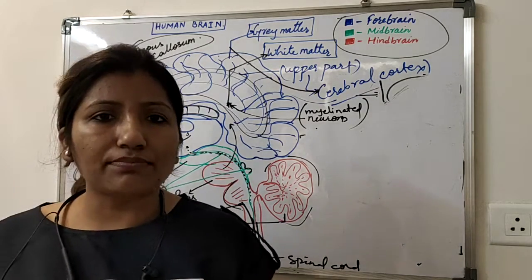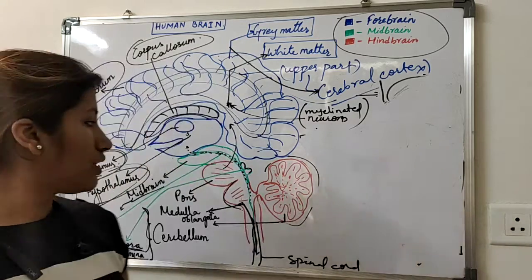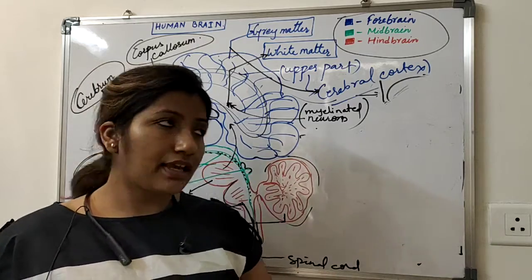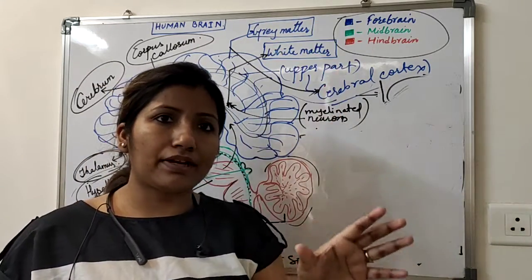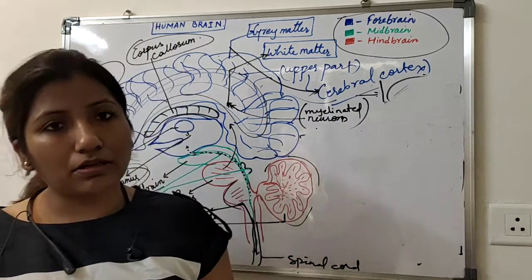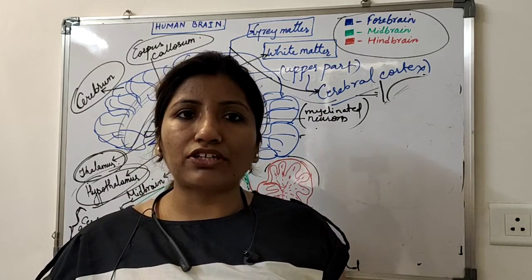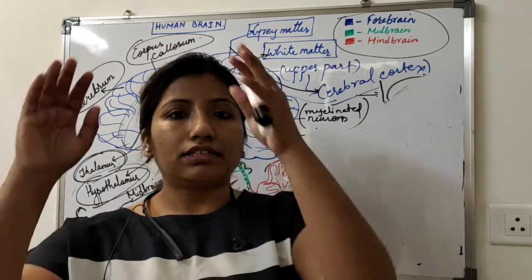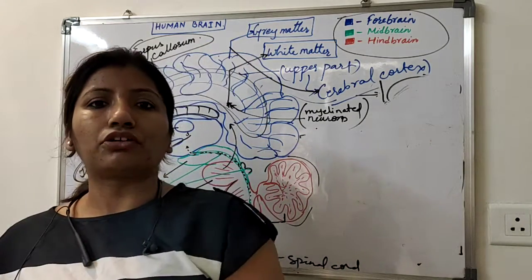Now, all these functions which I am telling are mentioned in the book. What you can do is make a table of 3 columns: forebrain, midbrain, hindbrain, or make it with columns where the first column you mention the parts of the brain, second column the location, and third column the function.